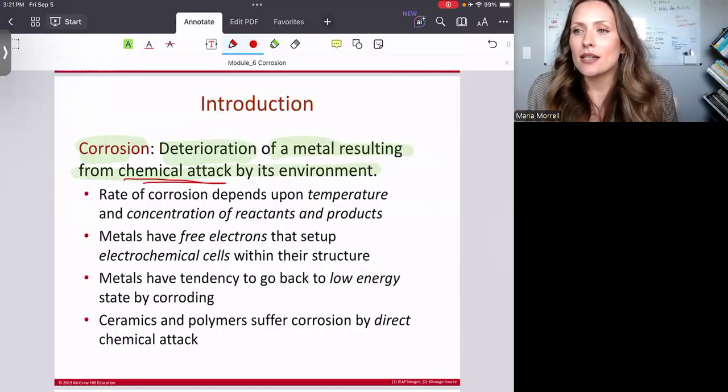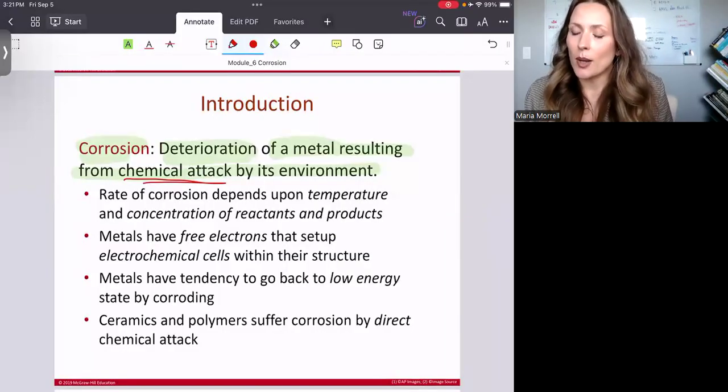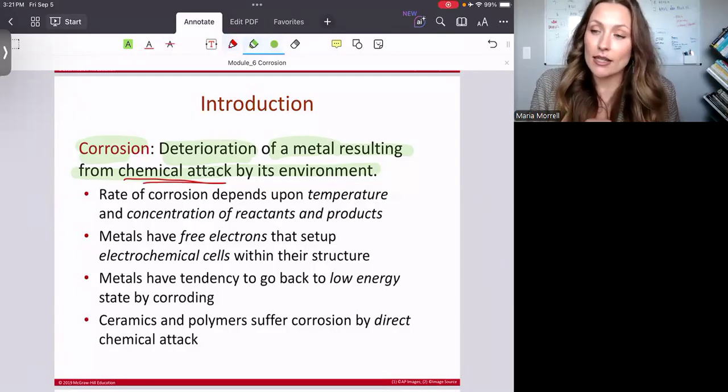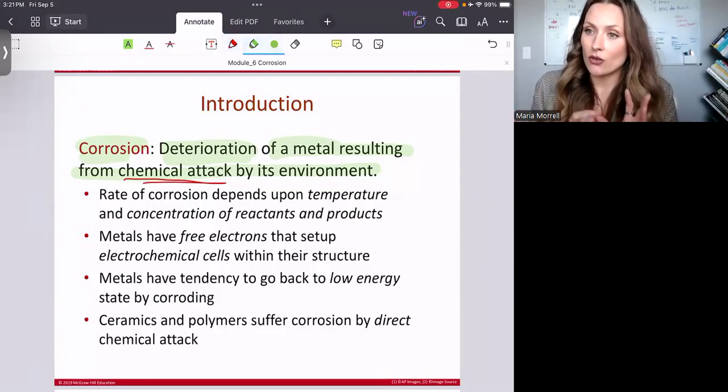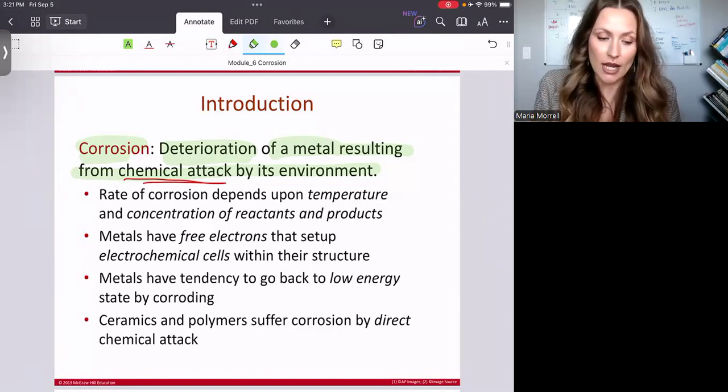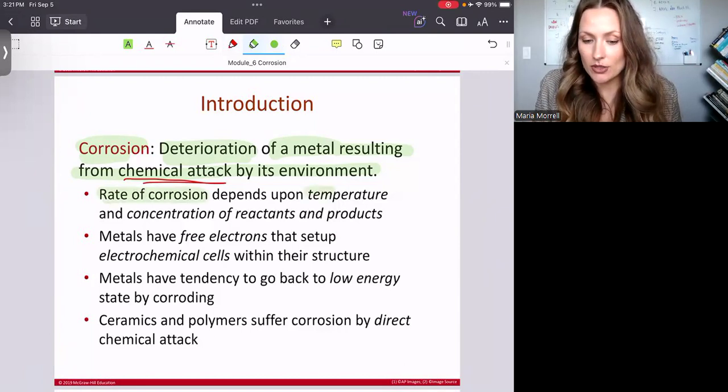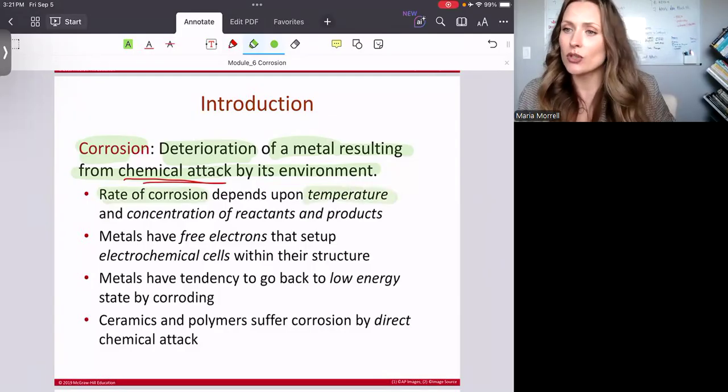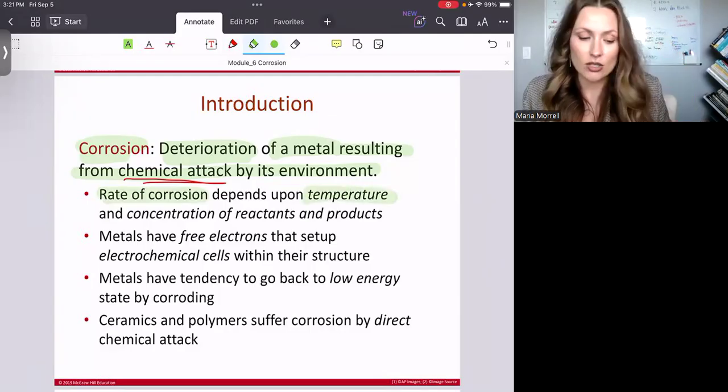Chemical attack here is a key word, because we can look at corrosion just as a basic, simple chemical reaction. And if you can assume that corrosion is a chemical reaction, that means that the rate of corrosion depends upon temperature. And hopefully you remember it from the Arrhenius equation, right?